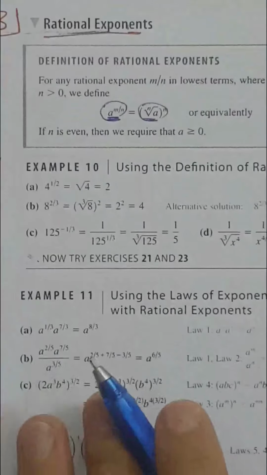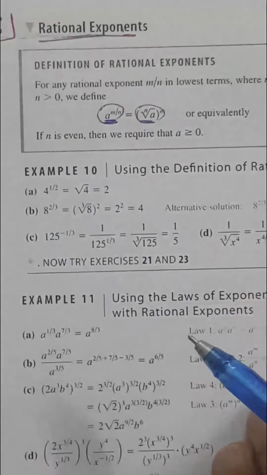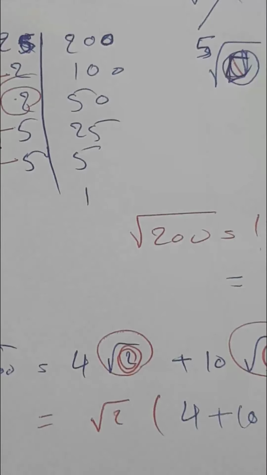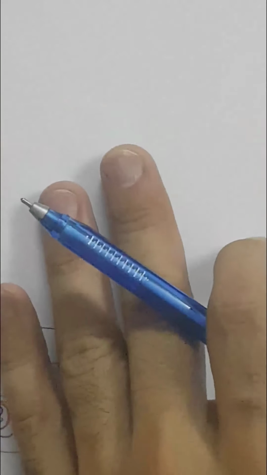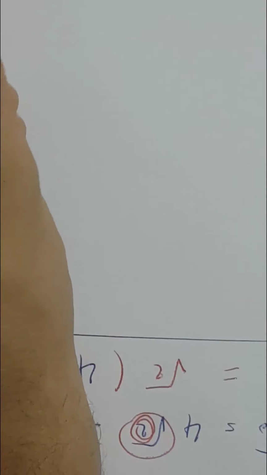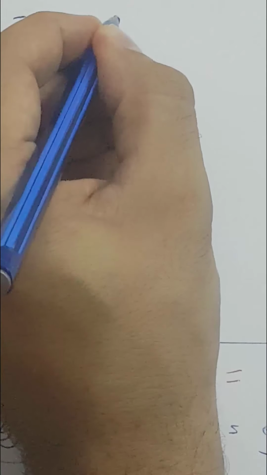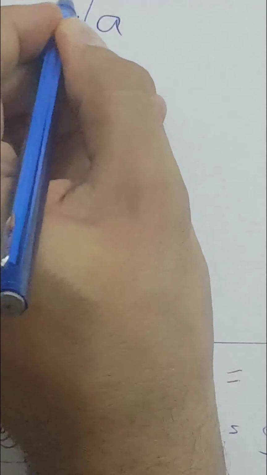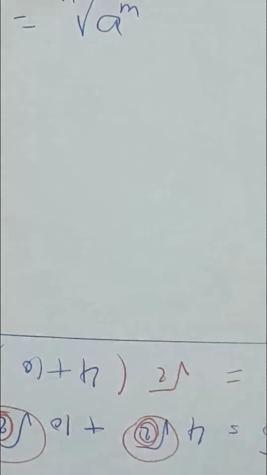Now here I'm going to clarify this one for you. In this rule, pay attention with me. You see that if you have a^(m/n), it is equal to the nth root of a^m, careful.